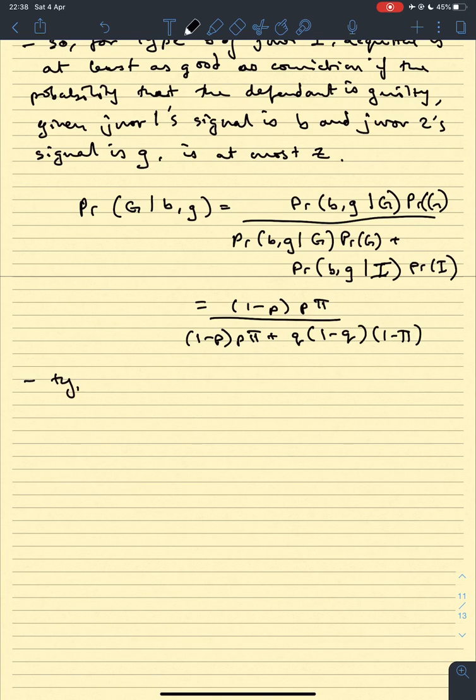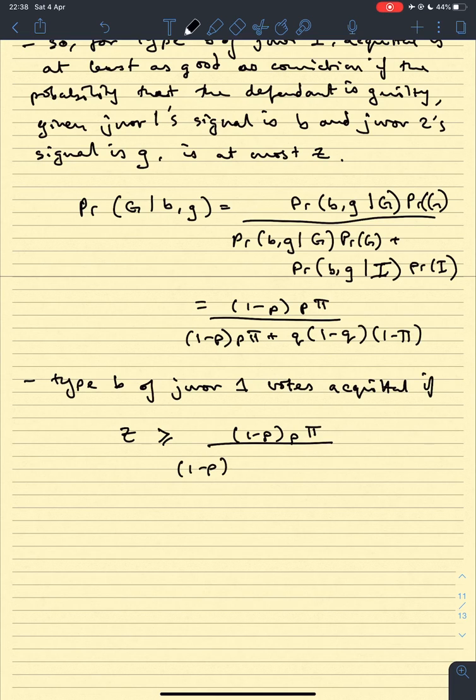So type B of juror 1 votes acquittal if Z is greater than or equal to this expression, (1 minus P) times P times pi over (1 minus P) times P times pi plus Q times (1 minus Q) times (1 minus pi).